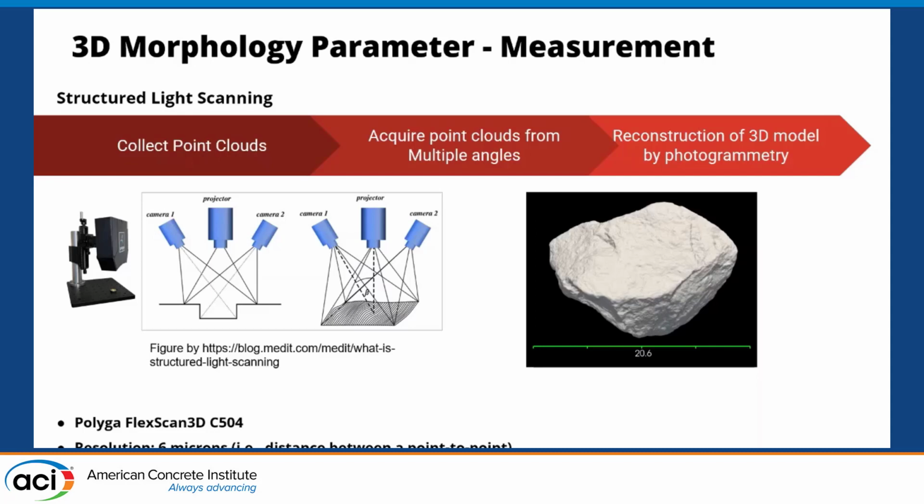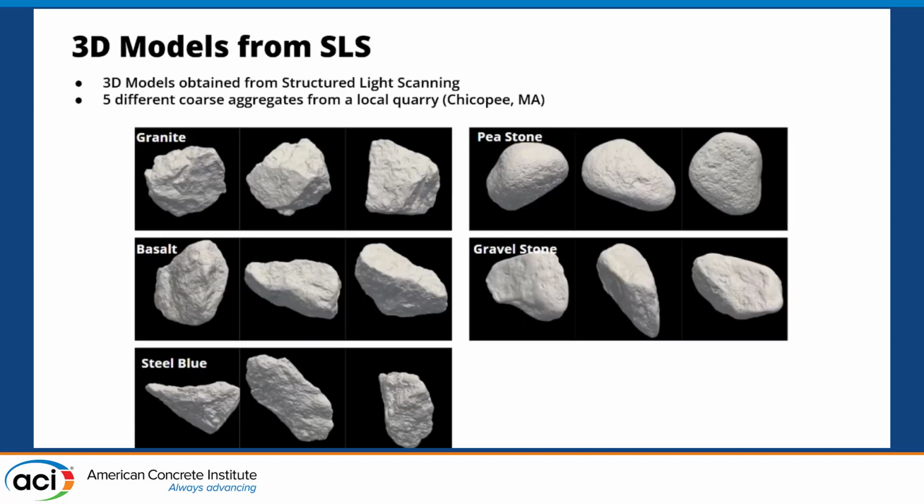What we used had 6 microns of resolution. So this is an example that we got from the 3D scanner. Part of the research project was to construct a database for the local aggregates. So we just collected about 450.